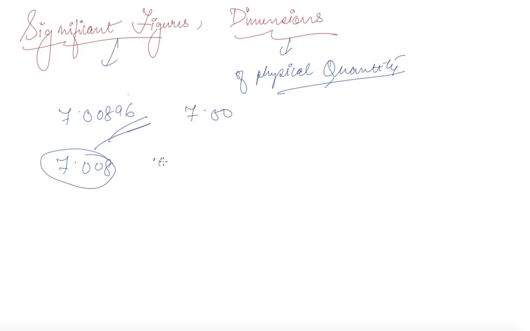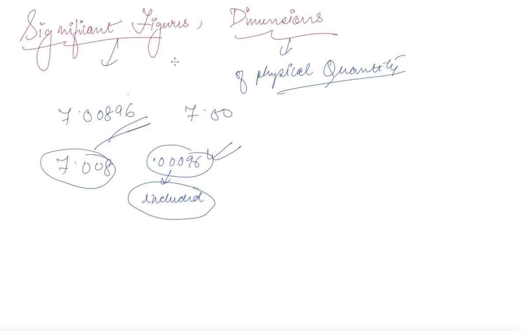That is, 0.00096 has been excluded. So there are certain errors which may arise because of this value that has been neglected. So this is the basis of the discussion of significant figures.